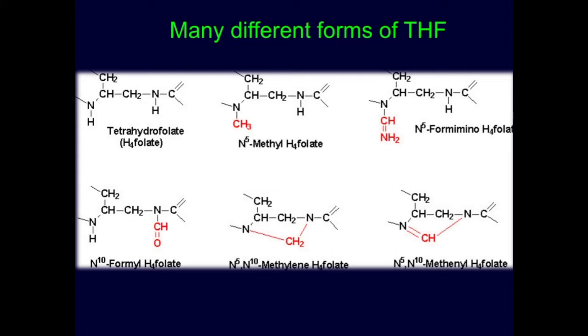We've already covered this one briefly when we were talking about methionine. There are at least 6 or 7 different forms of one carbons that can be carried by tetrahydrofolate. So in that sense, tetrahydrofolate becomes the donor or acceptor of these one carbons. Okay? That's its function.